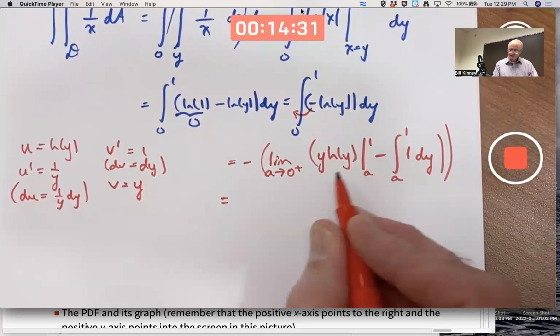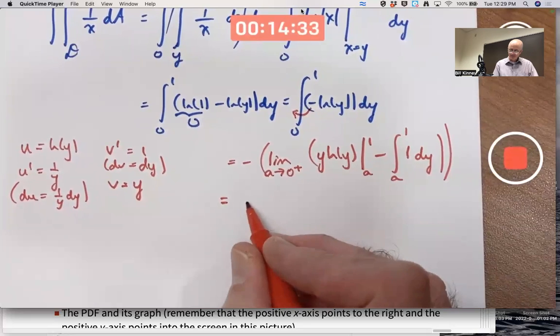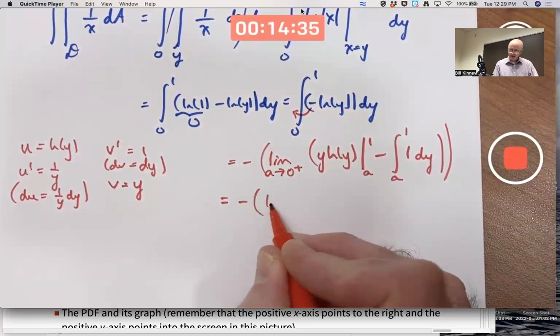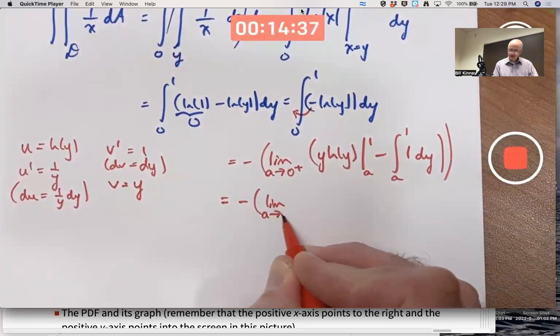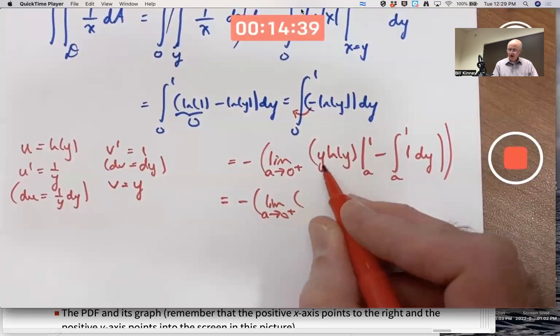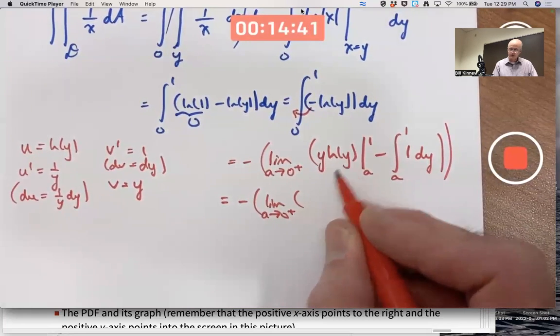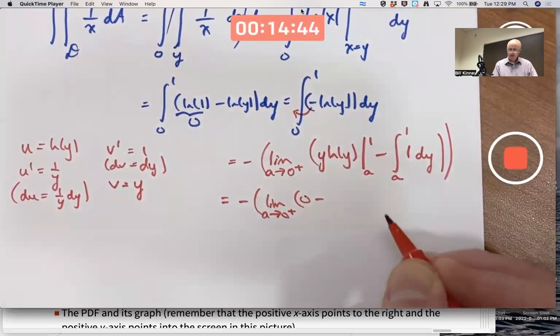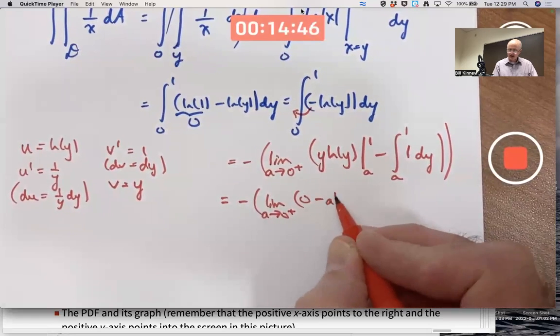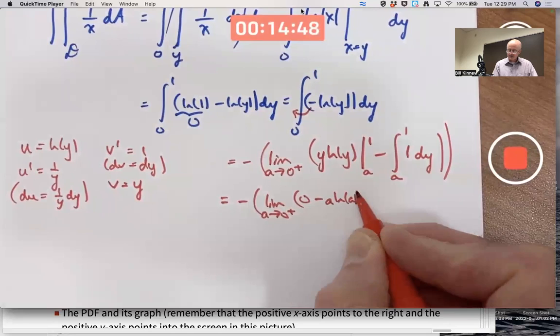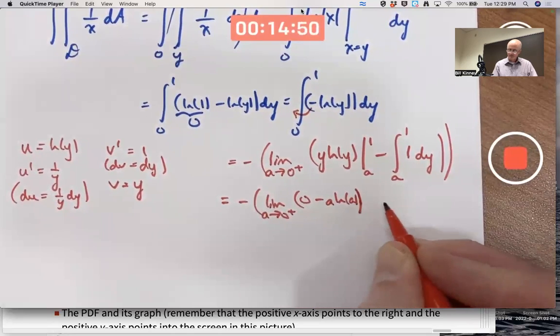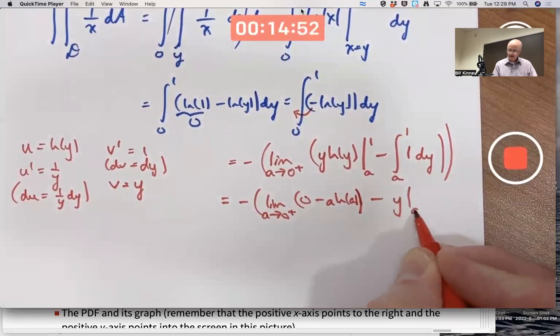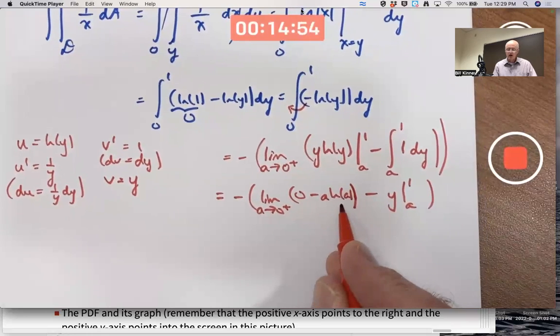You might wonder, does this limit even exist here? Let's keep the negative sign out in front there. Limit as a goes to 0 from the right. Plug in y equals 1, you get 1 times natural log of 1, which is 0. Plug in y equals a, you get a times natural log of a. And you might wonder, does that limit exist even? After all, natural log of a goes to minus infinity as a goes to 0, right?